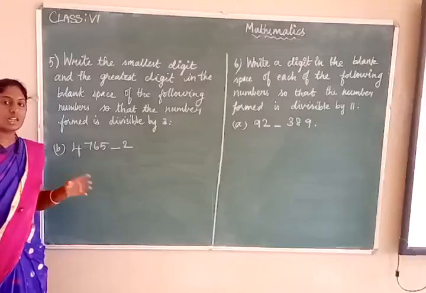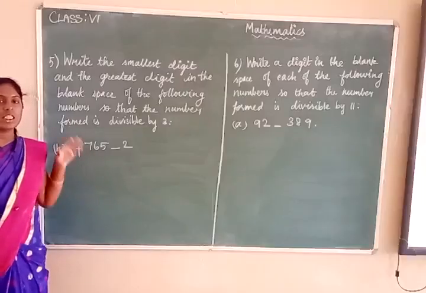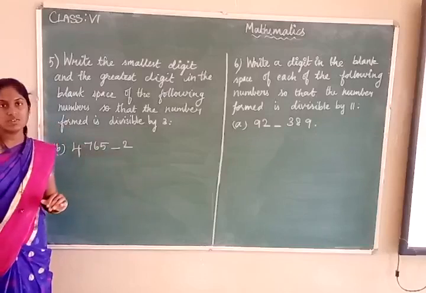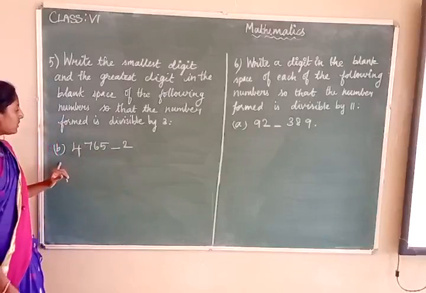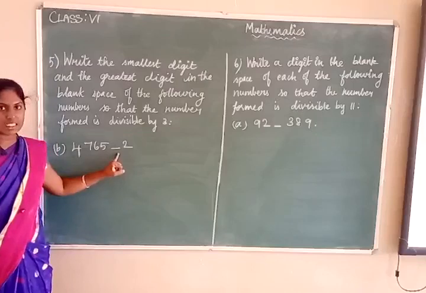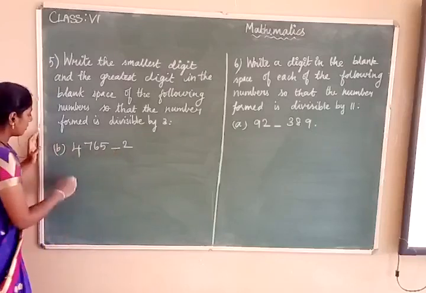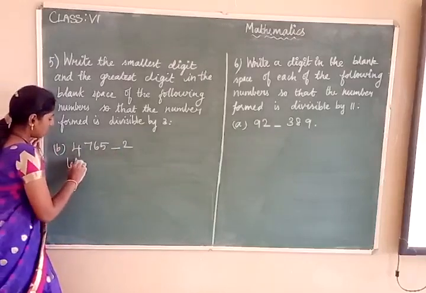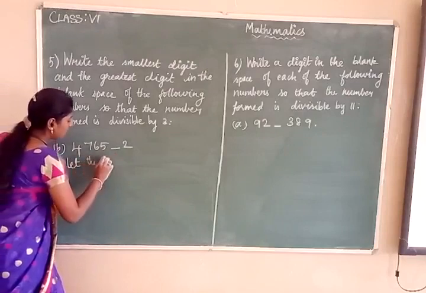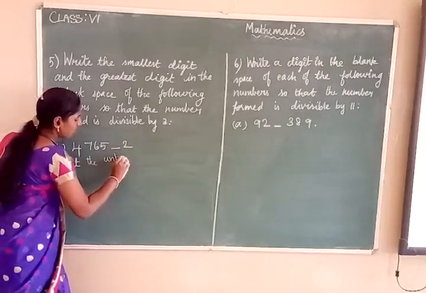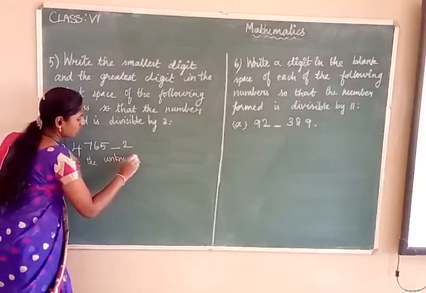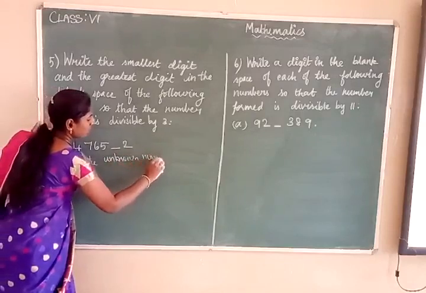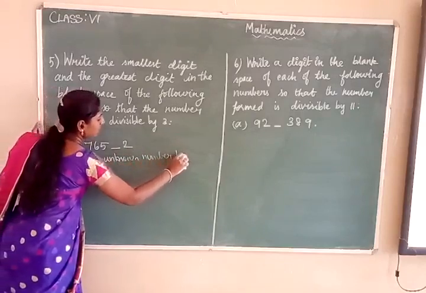For a number to be divisible by 3, the sum of the digits should be divisible by 3, right? So let us first keep this blank as x. Let the unknown number be x.